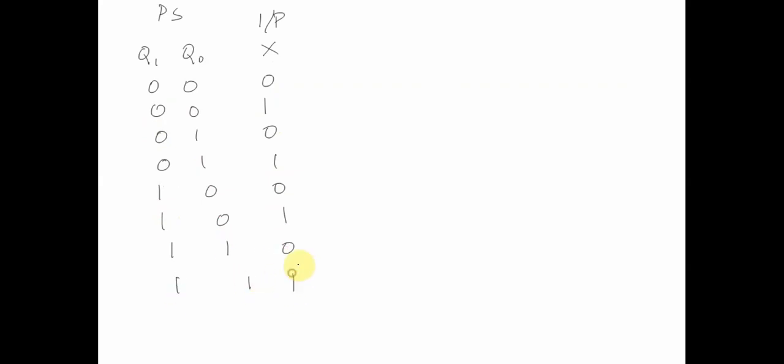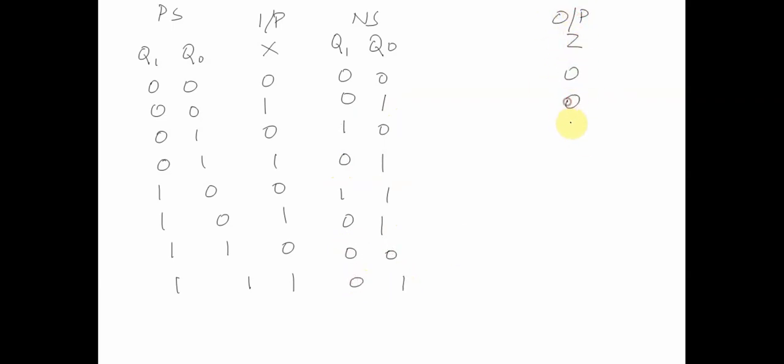Our next state we already knew in our previous example. So if you pause the video, bookmark and see it, you will know this is the table from the previous example where we implemented a JK flip-flop. Now flip-flop inputs.